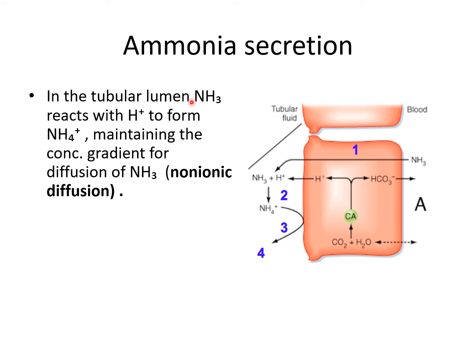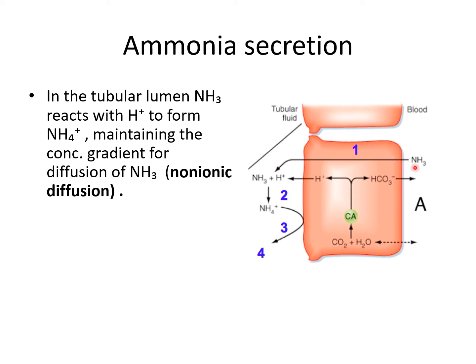Now, in the tubular lumen, this ammonia which is diffusing along the concentration gradient from the tubular cells to the luminal side will bind with hydrogen ion and form NH4+, and that maintains the concentration gradient for diffusion of ammonia, which is called non-ionic diffusion.